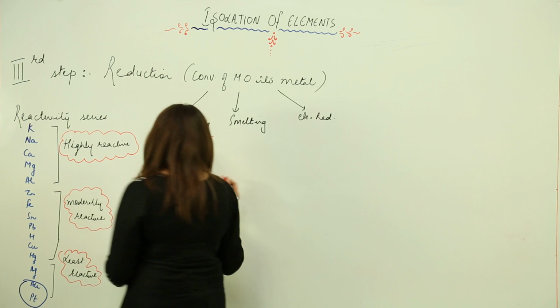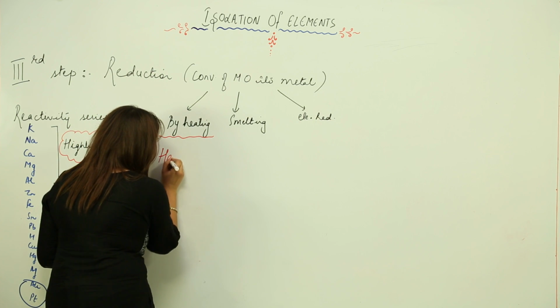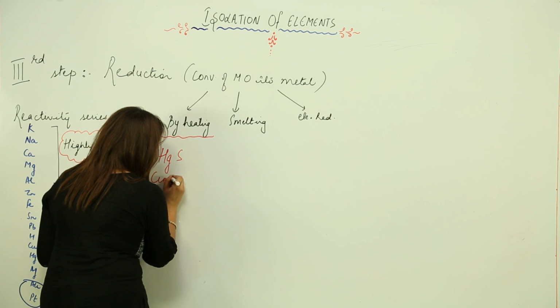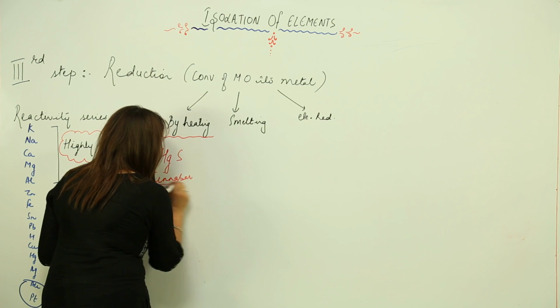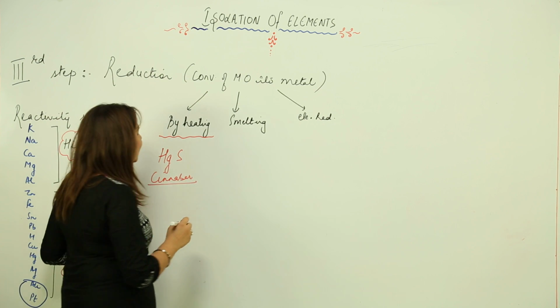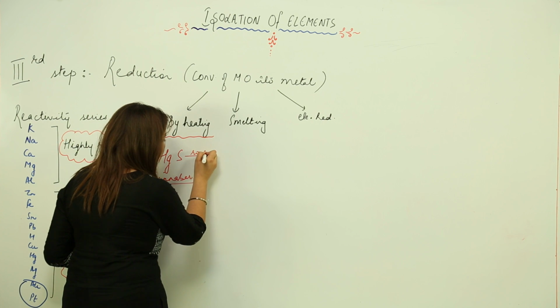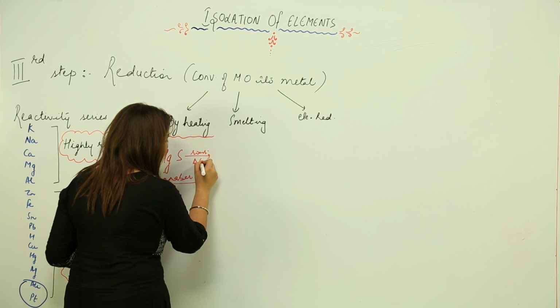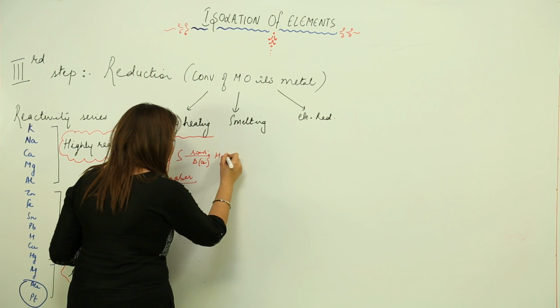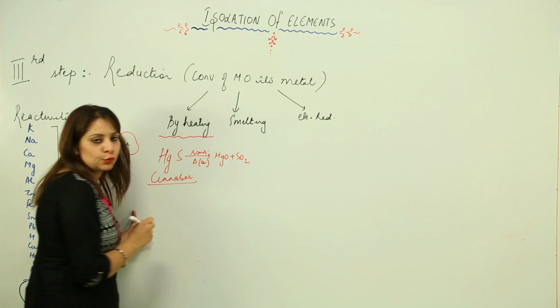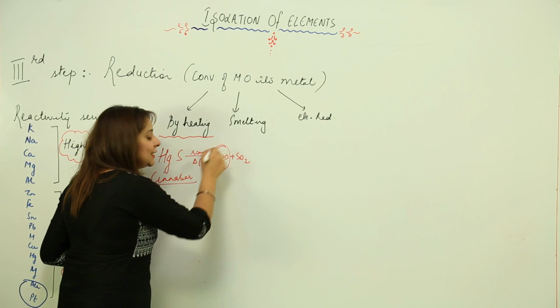Let's see how. Suppose I have a cinnabar ore. This is my cinnabar, HgS, ore of mercury. First, in the second step, I'll be roasting it because it is a sulfide ore, heating in presence of air. And what do we get? We get HgO and SO2. So this is the second step.